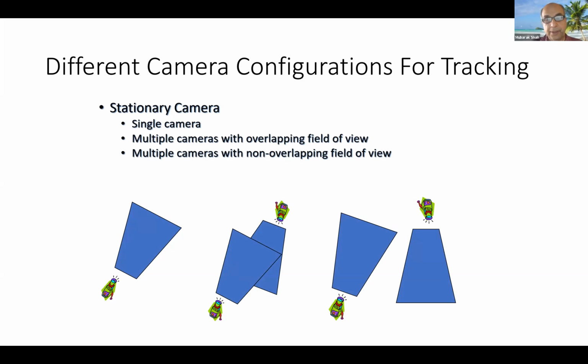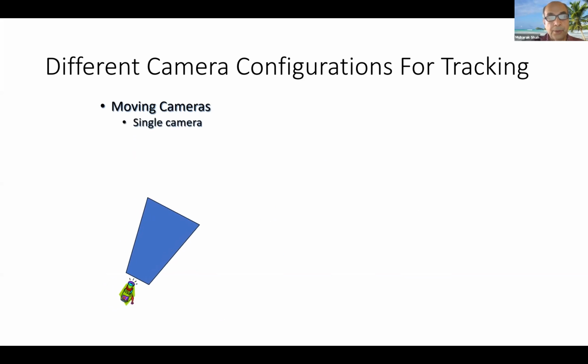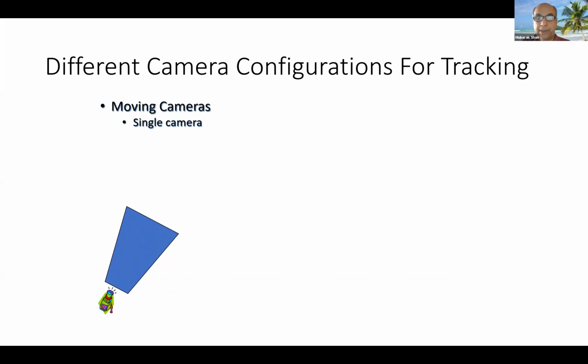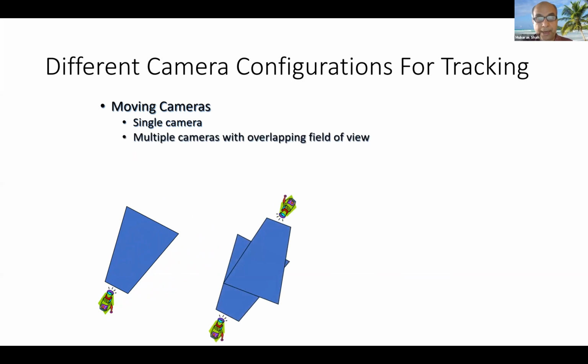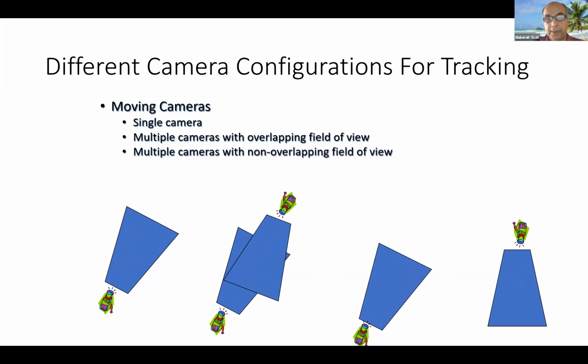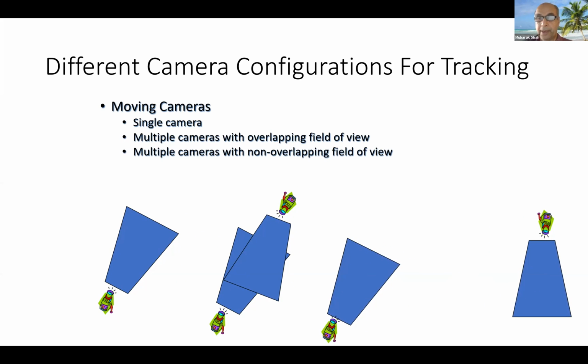Again, all these are fixed. The next category is that the camera is moving, and we want to track in a moving camera. Then two cameras are moving with overlapping fields of view, and finally cameras are moving and non-overlapping. So actually we have done work in all these different configurations.